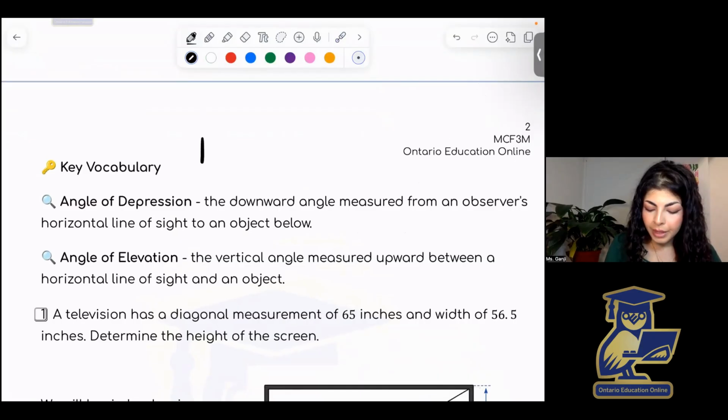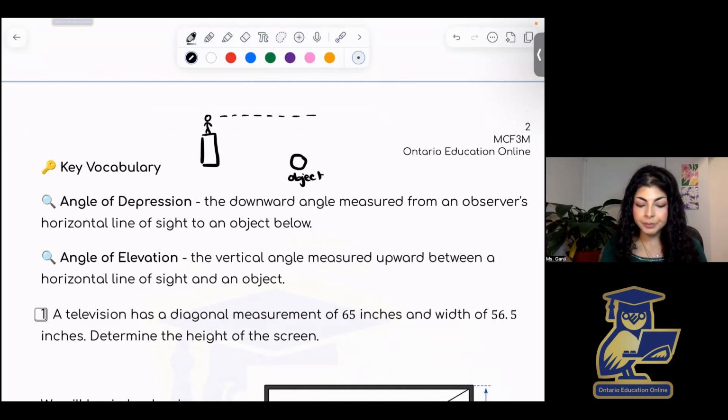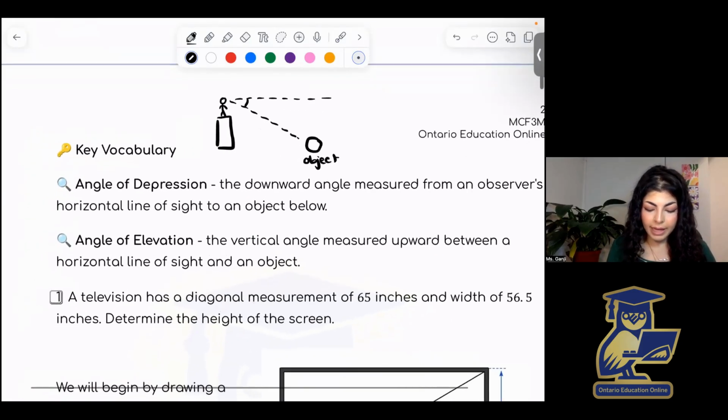So consider a tower, and you are standing on top of the tower, and you see an object here. From the horizontal line here, you might see this object downwards, and this will be the angle of depression. Now, alternatively, we can have angle of elevation.